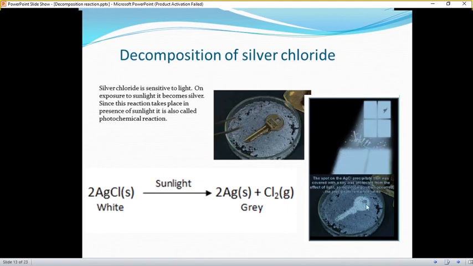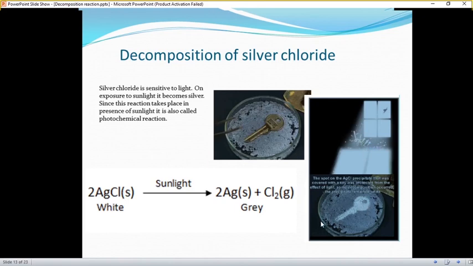Now this key, as we can see its impression here, is due to the area that was hidden by this key, and the rest of the area is exposed to sunlight. Now this has changed from white to gray. The white part remains in the area where the key was placed because that part could not be exposed to sunlight.